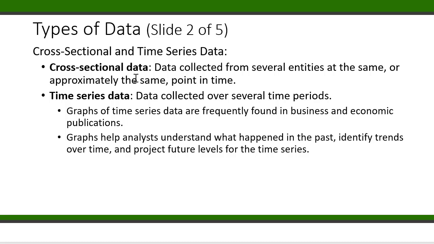You don't want to collect data on a different company at a different point in time, because then your results are not going to be accurate. You won't be able to truly say, okay, is this really the average right now?